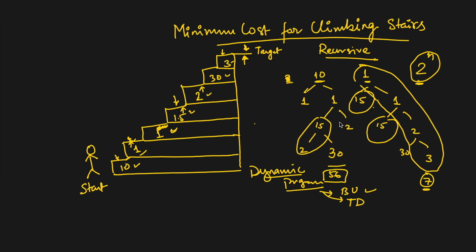We are solving the same problem again and again. So we can optimize it by solving it once. If you are standing at this step for which the cost is 15, we'll solve it only once and then store the result, so that we can use it in future. We don't need to calculate this again and again, right? So we'll start from the bottom up.